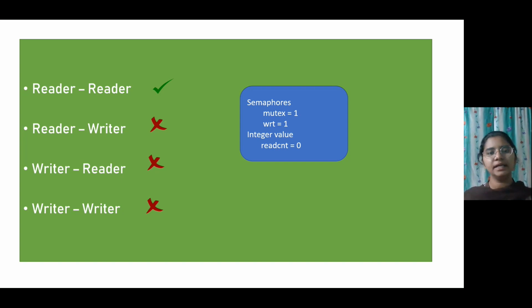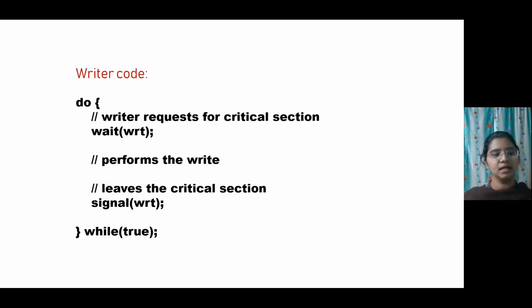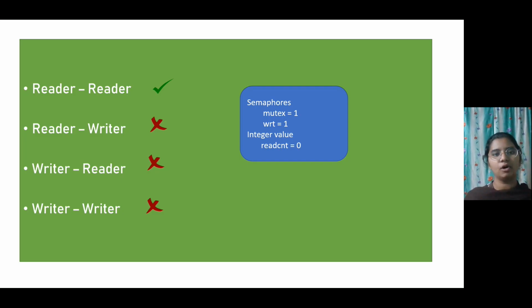Whereas when the reader is reading the data in the database and the second process is a writer, there will be some difficulty, because the reader is reading the data while the writer is trying to make modifications. In that case, the reader will not be able to grab the exact data in the database. So there will be a problem.